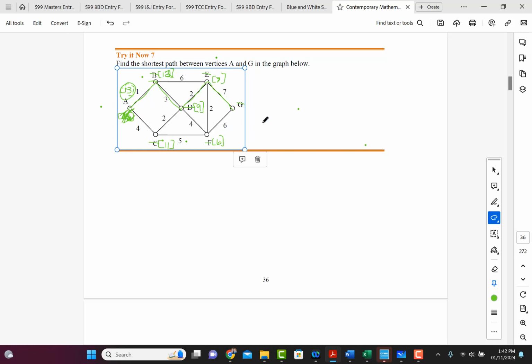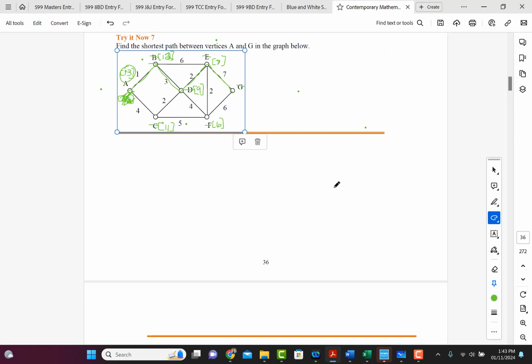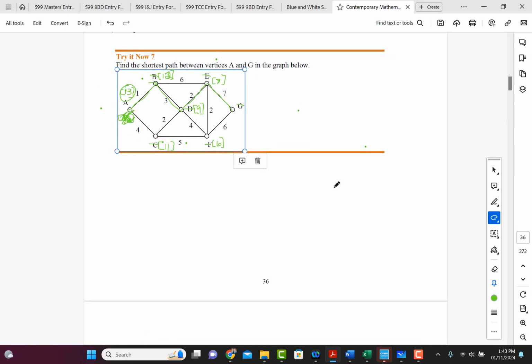So this is the shortest route, or the shortest path from A to G. All right, and that completes chapter 1 and our discussion on graph theory.